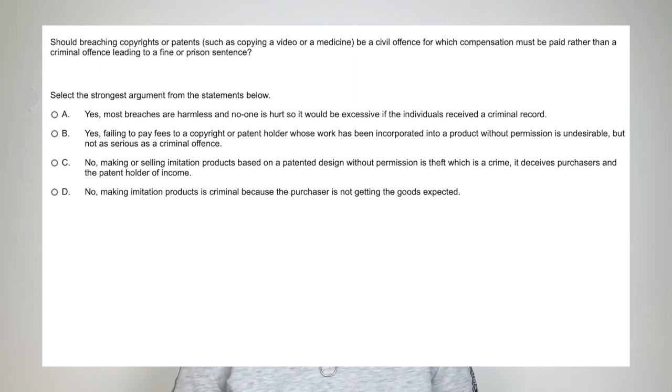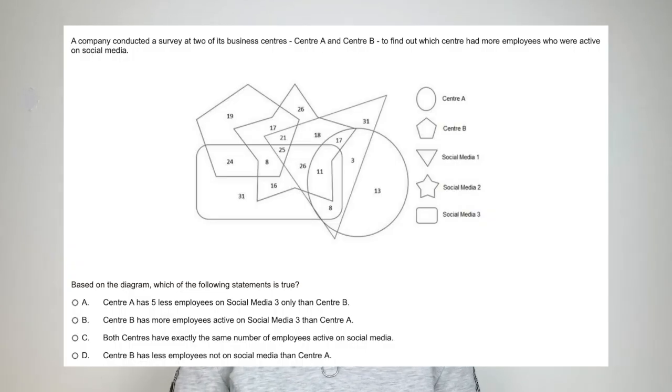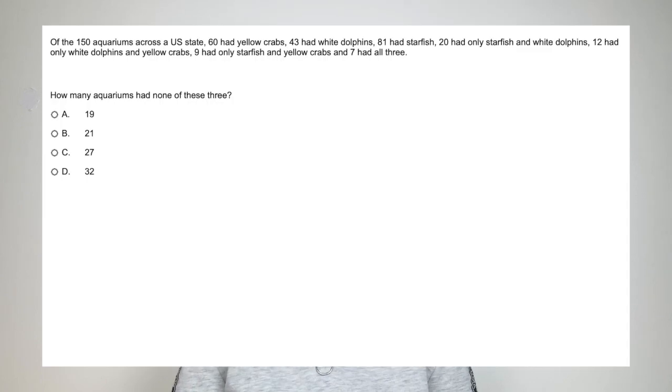You'll then have to choose which is the best argument. Thirdly, we have statistical reasoning, and this is when you need to be able to make conclusions based on data such as numbers and graphs provided to you. And finally, we have figural reasoning, and this is when in these items you have to make conclusions based on sequences given to you. Make sure you understand each of these 4 types of questions and prepare for them to make sure you get the best outcome in the decision making section of the UCAT.